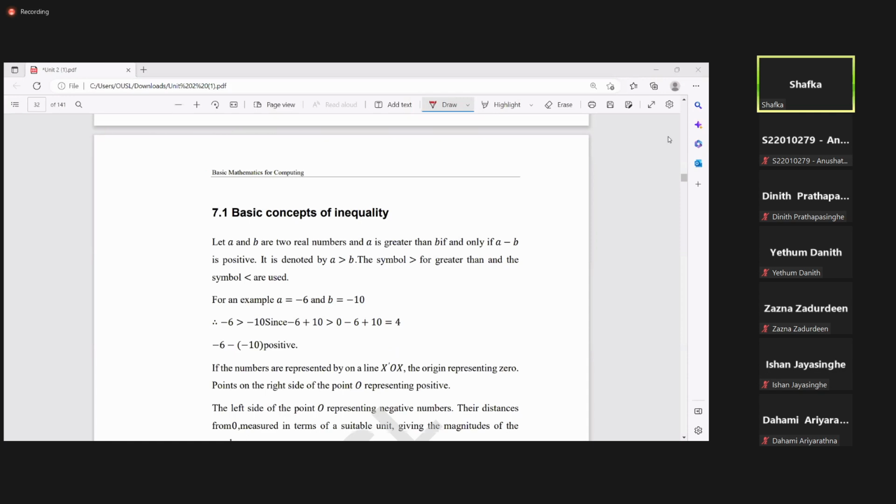Okay. In terms of words, without expressing it as an algebraic expression. Greater than or lesser than? Yeah. Example?